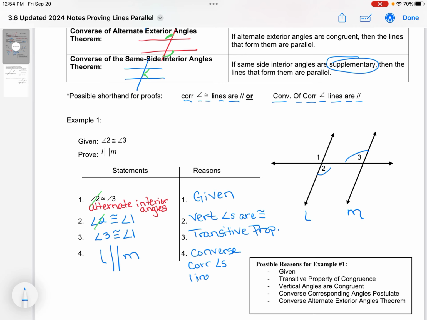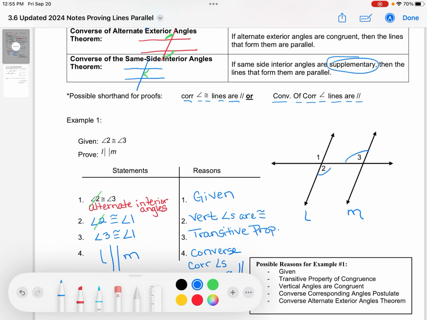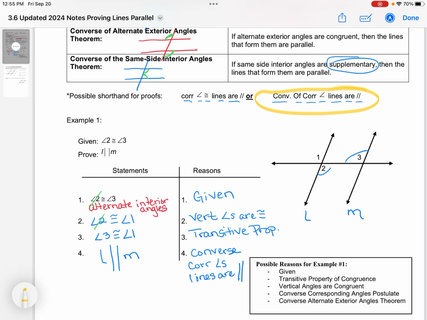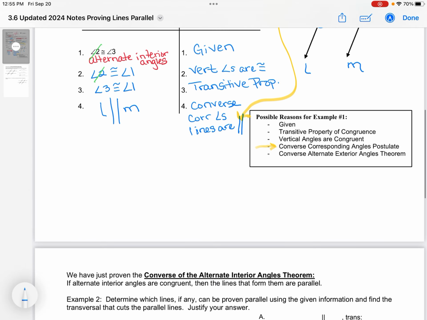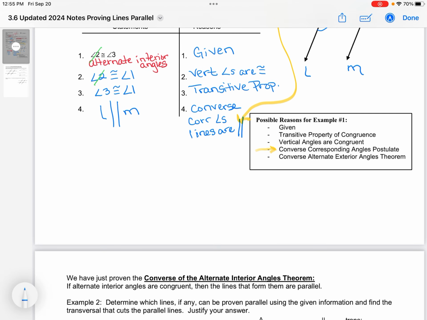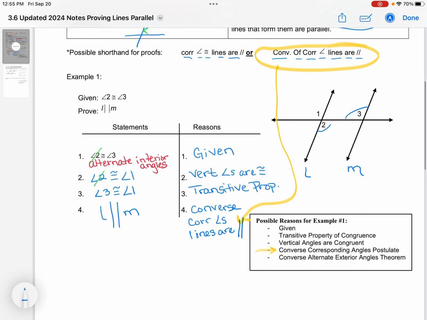Converse corresponding angles, lines are parallel, which is basically what I just used for the end of my proof, which is also right here. Okay, so we have just proved the converse alternate interior angles theorem.